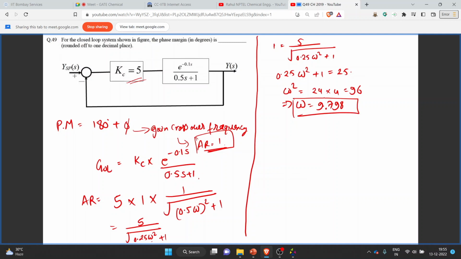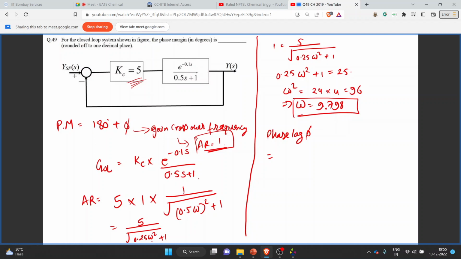Now we can find the phase lag, that is phi. For the constant gain it will be simply 0, and for the other two terms, for e raised to minus 0.1 s, it will be simply omega tau, and we need to convert it into degrees.